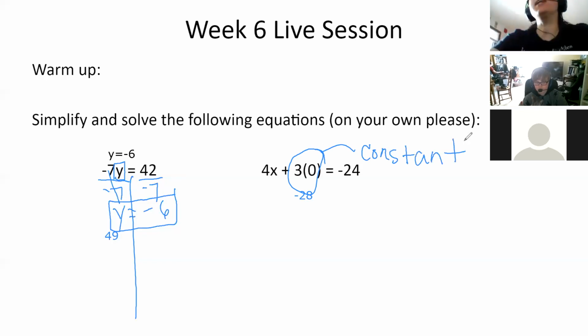Starts with a C. Wait, what was the question? Sorry, I was. Oh, it's okay. My cat. No? I get it. Trust me. It's what is the word that describes the number in front of a variable?